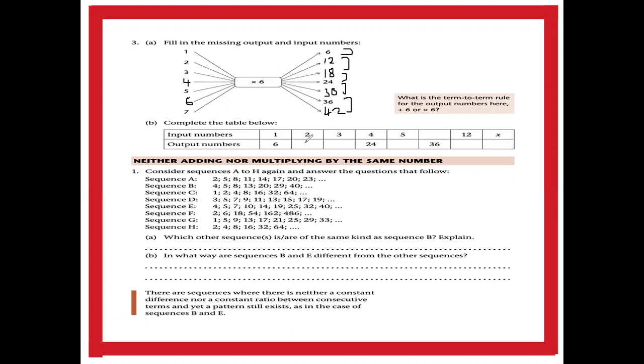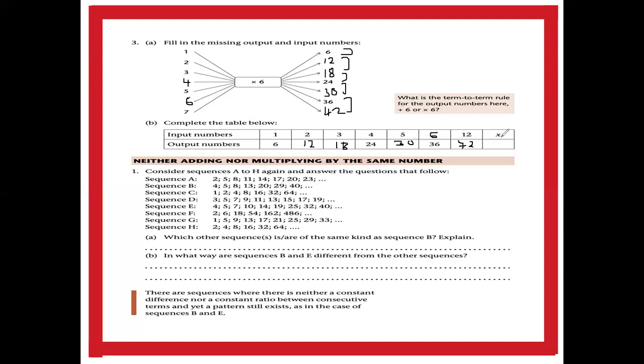So then we can assume that each number is getting times by 6. So then we have the same results as over here. So we have 12, 18, 24, 30, and then 6 times 6 will give us 36. We write a 6 up there. 12 times 6 will give us 72.